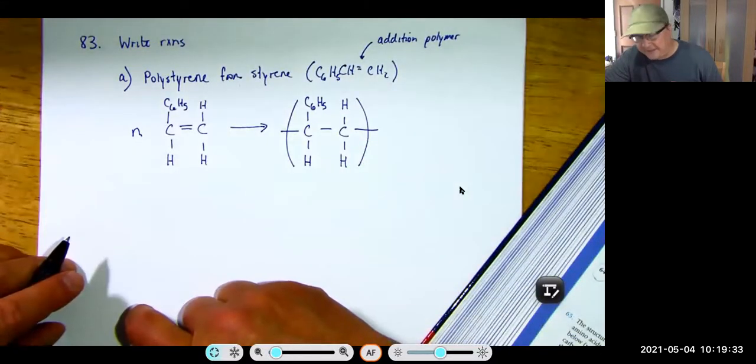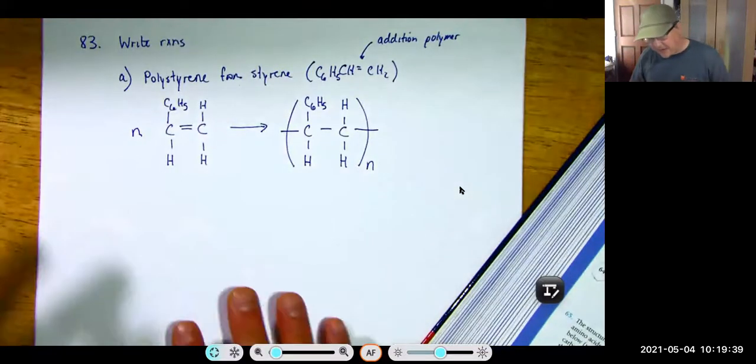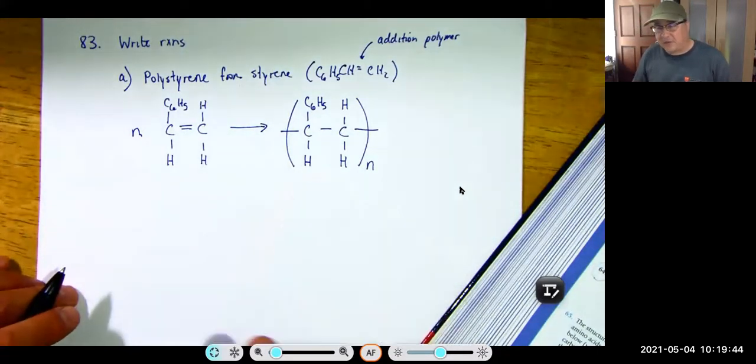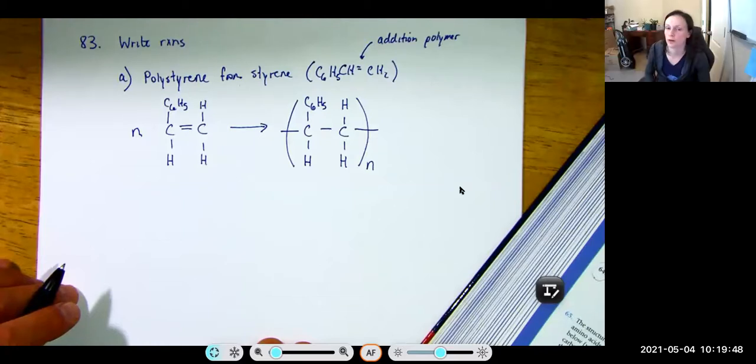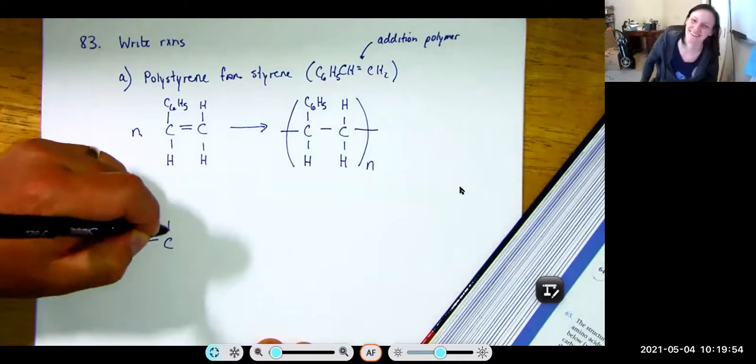And where do we put the N? As a subscript. Okay, now this is not a question asked here, but I'm going to ask it. Can you draw 3 units of this polymer? Yeah, or I can just write subscript 3. No. Oh, darn it.